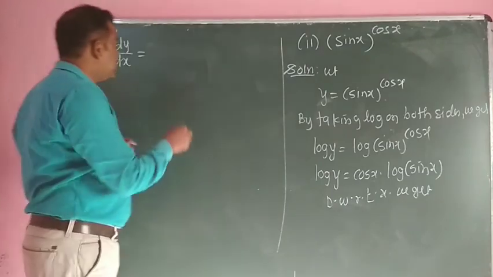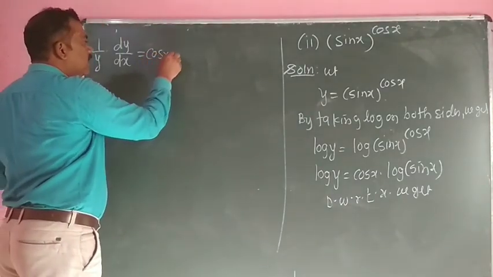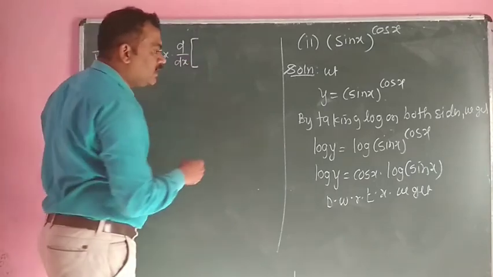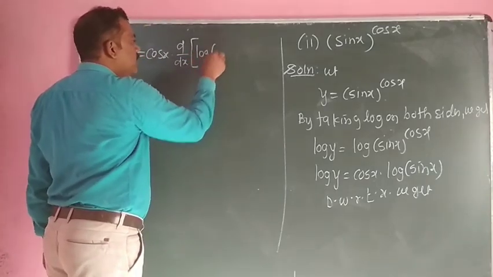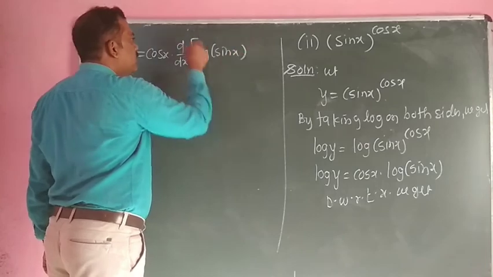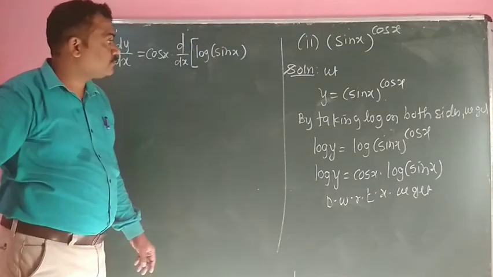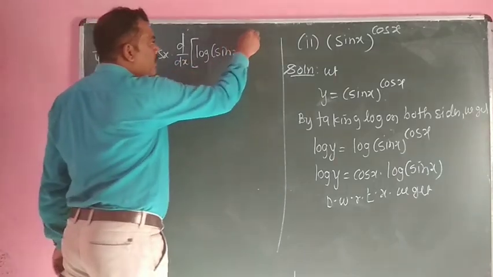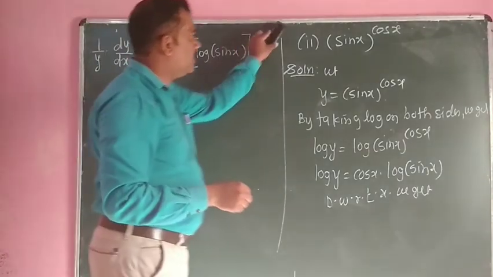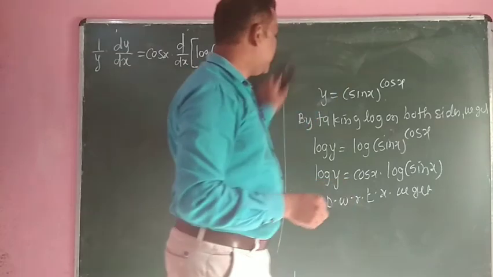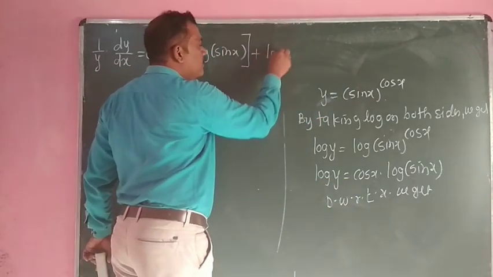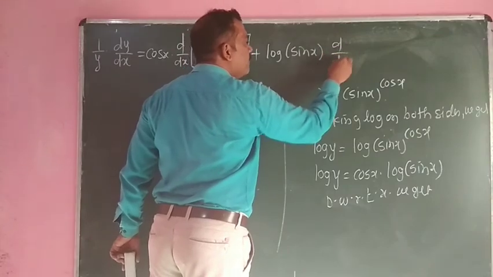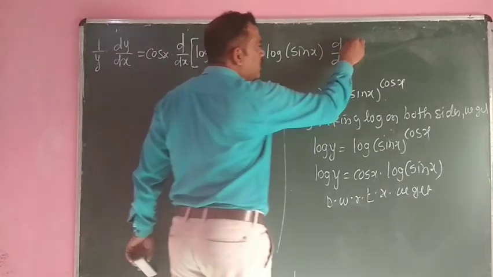First function as it is, cos x as it is, into d dx of second function. Second function is nothing but log of sin of x. First function as it is, differentiation of second, plus second function as it is, log of sin x as it is, differentiation of first function, that is d dx of cos of x.